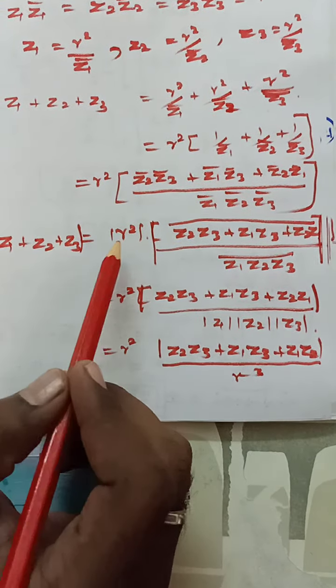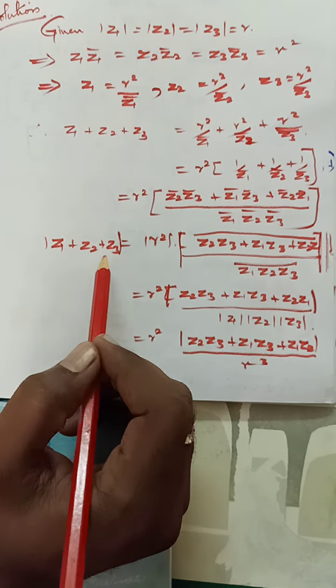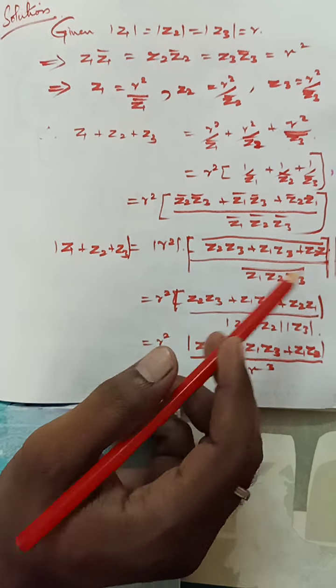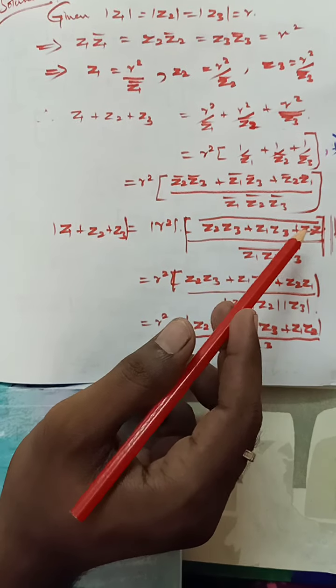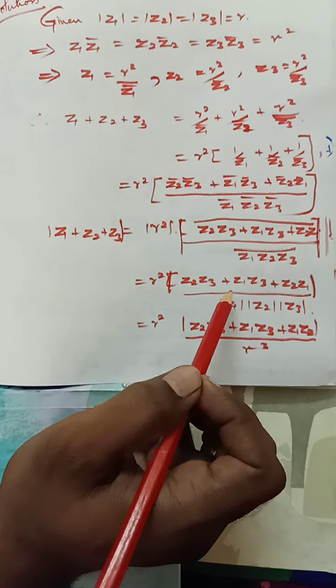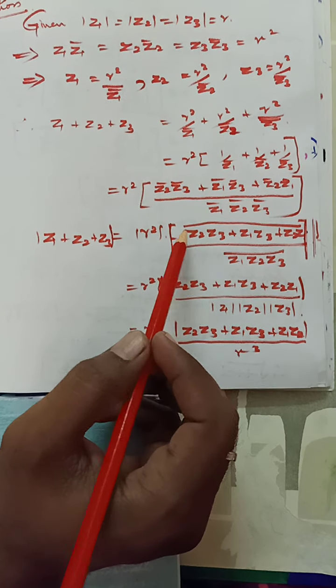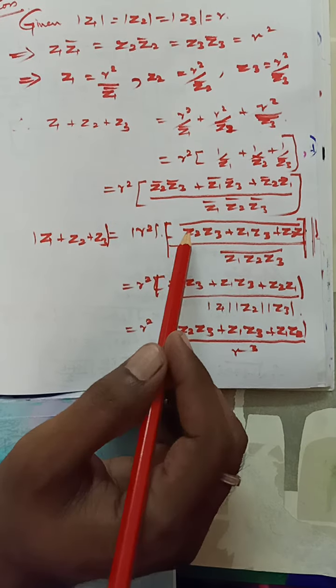So when you take the modulus of z1 plus z2 plus z3, it equals the modulus of r squared into the modulus of the fraction. That modulus of the total bar is nothing but z2 z3 plus z1 z3 plus z2 z1 bar. When you take the modulus, the total bar and individual bar you can cancel.